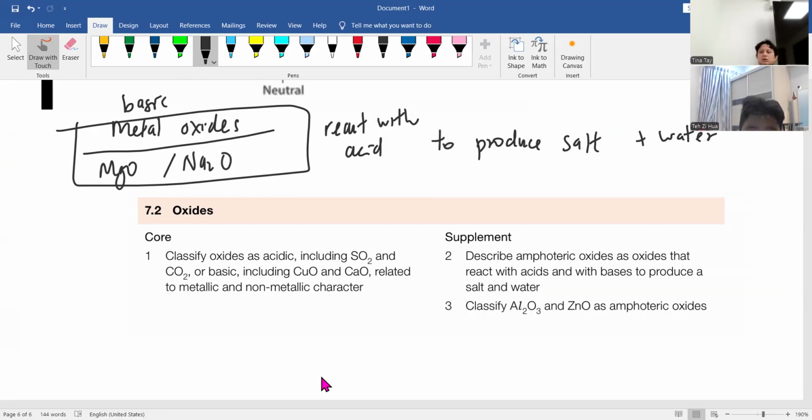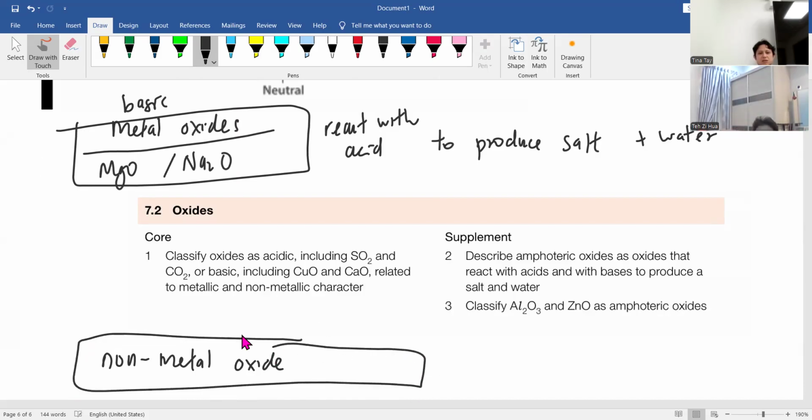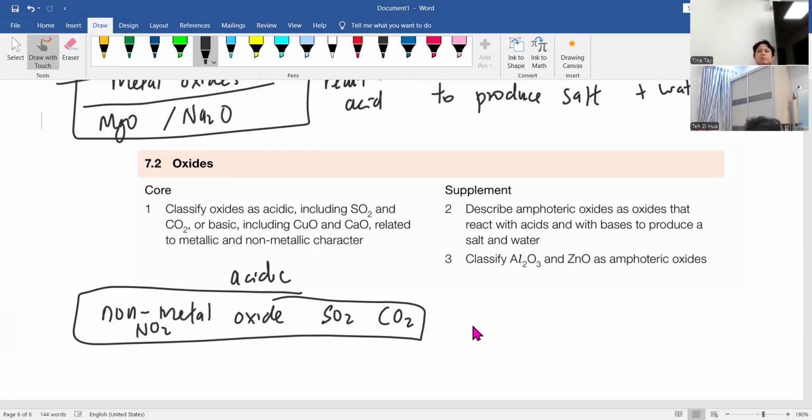And on the other hand, non-metal oxides are all acidic. For example, sulfur dioxide, carbon dioxide, nitrogen dioxide. Are they all non-metal? Yeah. So a non-metal oxide can react with alkali to form salt and water.